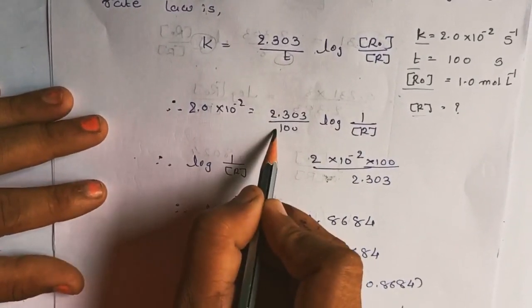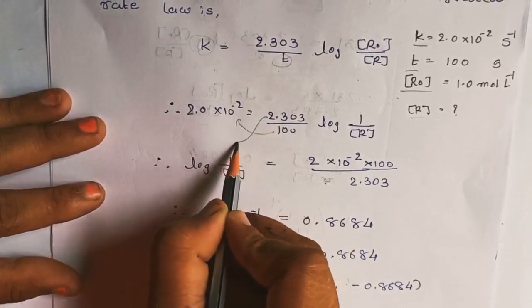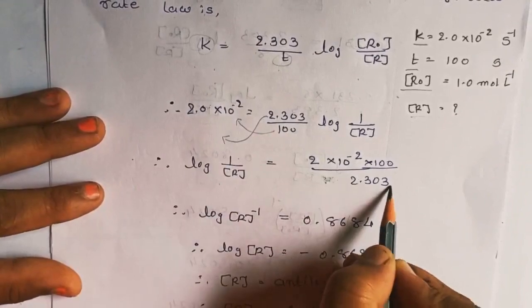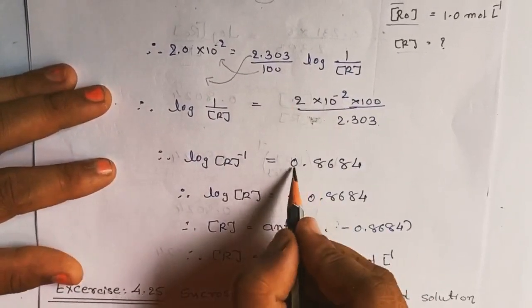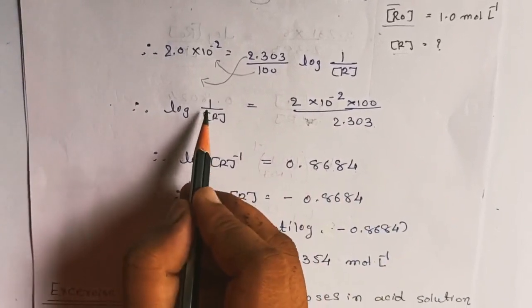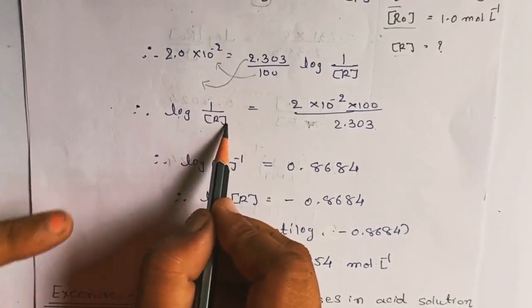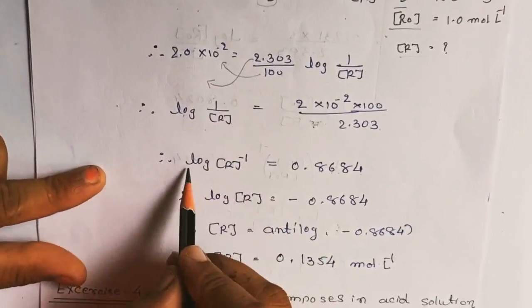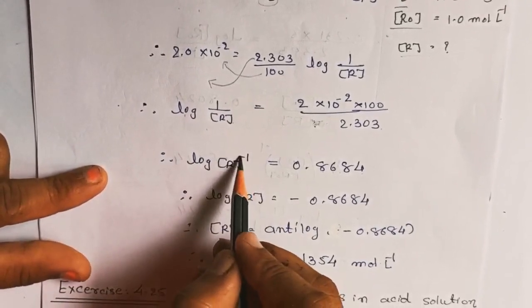So 100 goes in the multiplication, and 2.303 goes in the division. If you simplify that, you will get 0.8684. Now here the term is log 1 by concentration of R, and this term is written as log concentration of R having power -1.